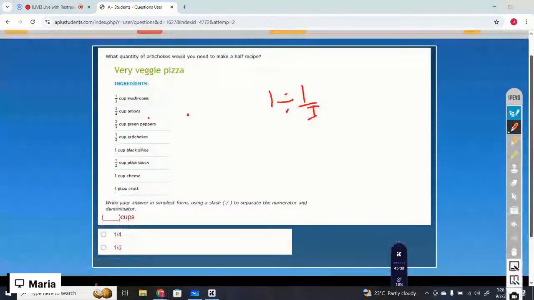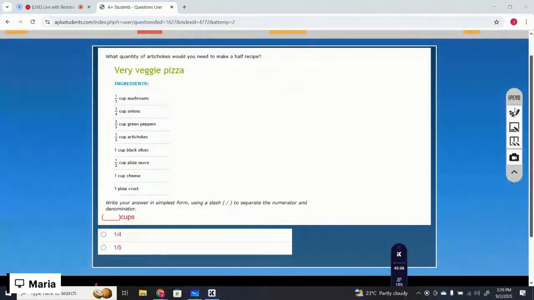So in the given recipe, you are going to do the half recipe.